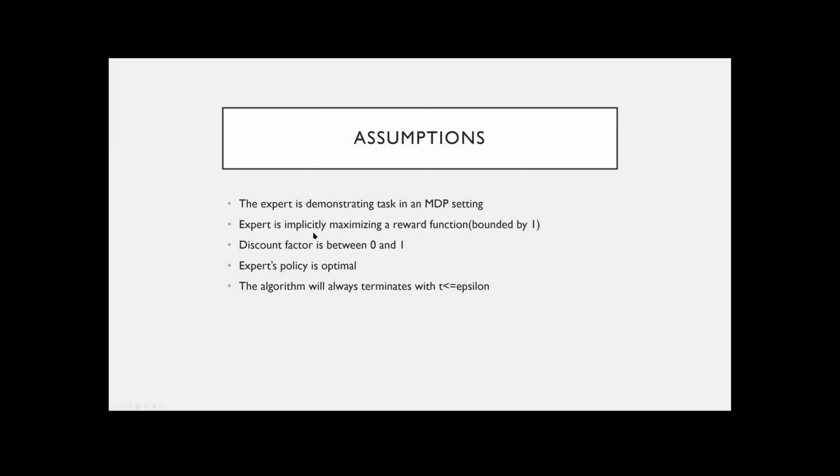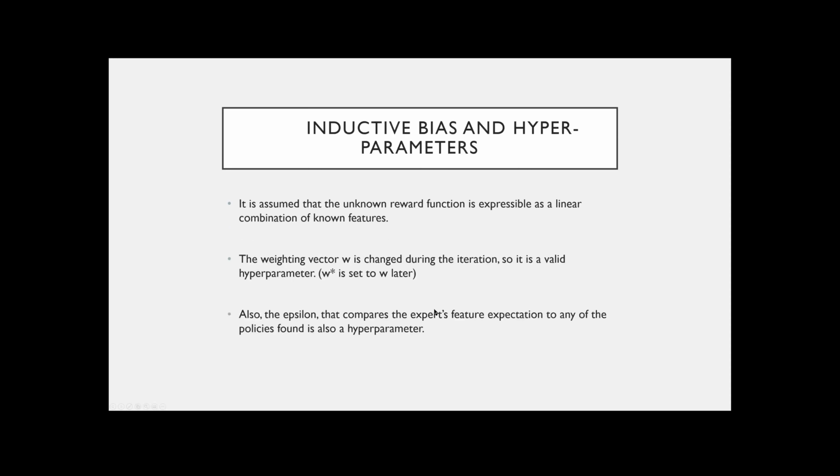We're also assuming that the expert is implicitly maximizing a reward function that is bounded by a value of 1, and the discount factor is between 0 and 1. We are also assuming that the expert policy is optimal, and the algorithm also assumes that it always terminates on meeting this criteria.